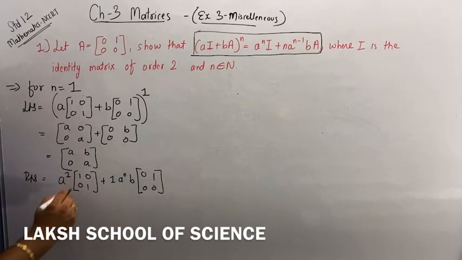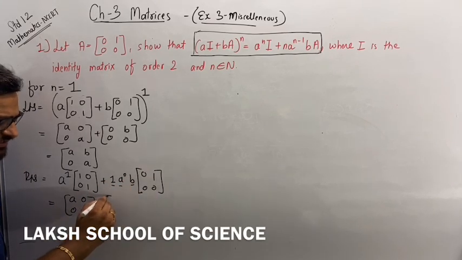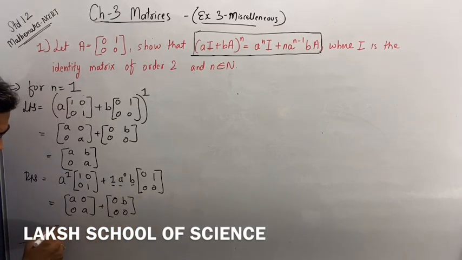So A raised to 0 is the identity matrix 1, 0, 0, 1. So the only thing remaining is B into this matrix, 0, B, 0, 0. So this will be A, B, 0, A, and this is equal to LHS.